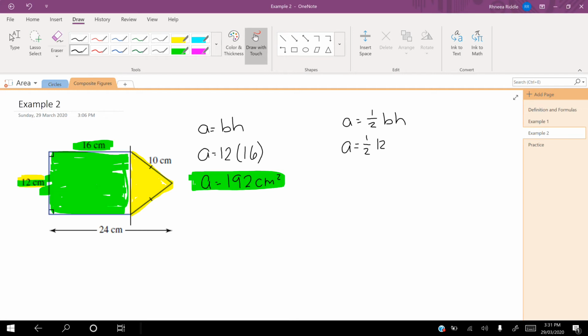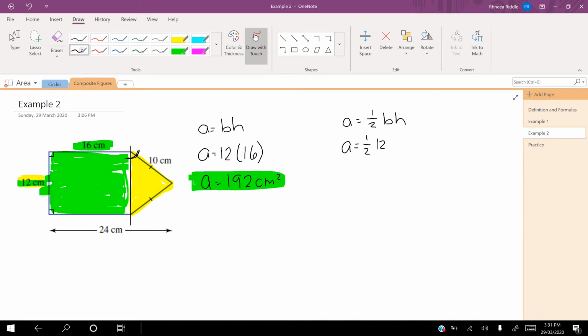Now, many people are just going to assume that this 10 is the height here, but that's not exactly correct, because if we remember back to area of a triangle, the height has to be perpendicular to the base. And if this line that we've created is the base, this 10 is not perpendicular to it. That does not create a 90-degree angle. So what is perpendicular would be a line that goes straight down from that very top edge.